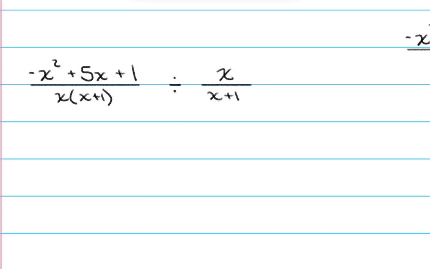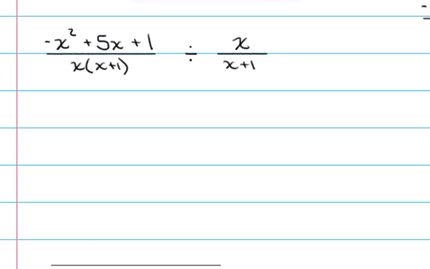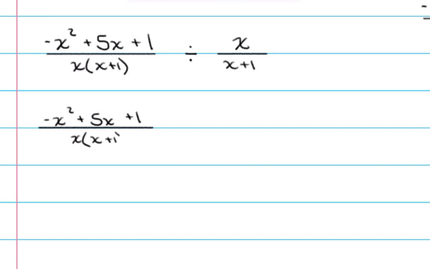We are going to do negative x squared plus 5x plus 1 over x times x plus 1. Our division symbol turns into a multiplication symbol, and then we are going to flip this fraction. This would end up being x plus 1 over x.